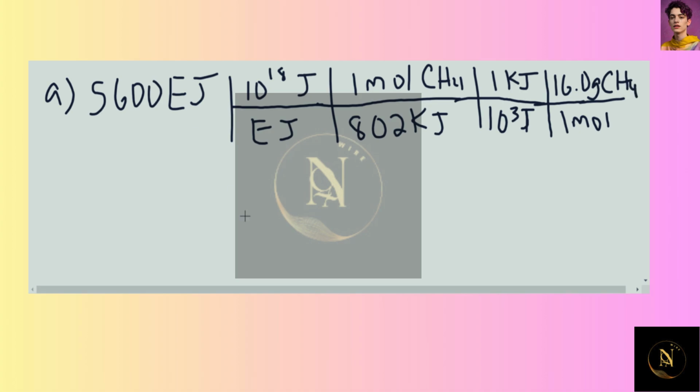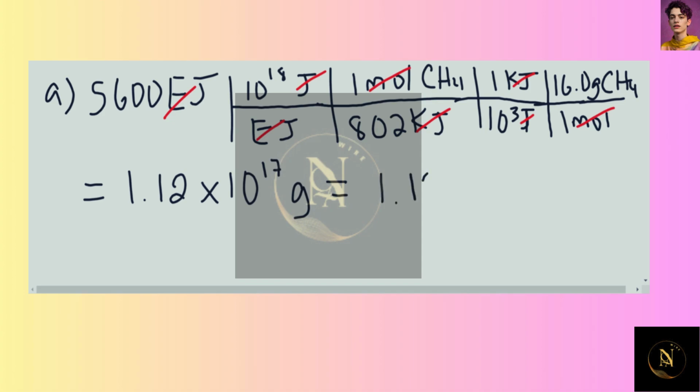And that will yield us, after multiplying through, so all of our units cancel out, and we are left with grams. So this is equal to 112 times 10 to the 17th grams, or we can also say this is 1 times 10 to the 14th kilograms.